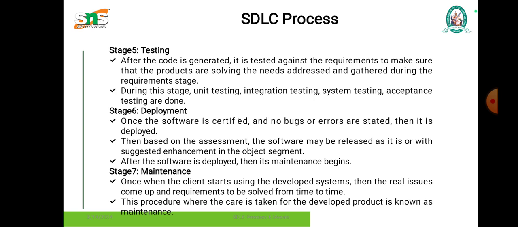When the clients start using the developed system, real issues come up and need to be solved from time to time. This procedure of taking care of the developed product is known as maintenance. These are the SDLC process life cycles.